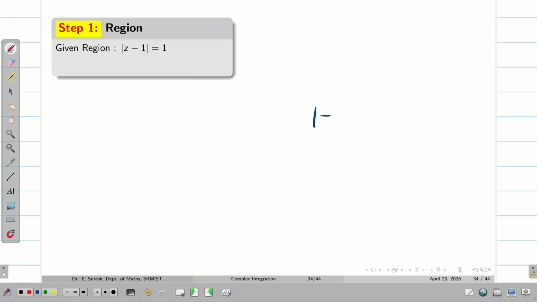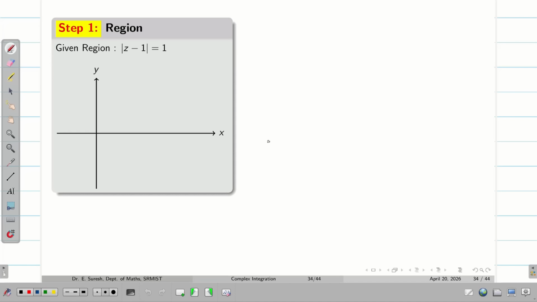So simply mod z minus 1 equal to 1 is a circle with center (1, 0), radius 1. Now we can easily draw this figure. First we mark the center, then the radius is 1. So I can mark the points (2, 0) and (0, 0). Easily we can draw the circle and we can shade the region.